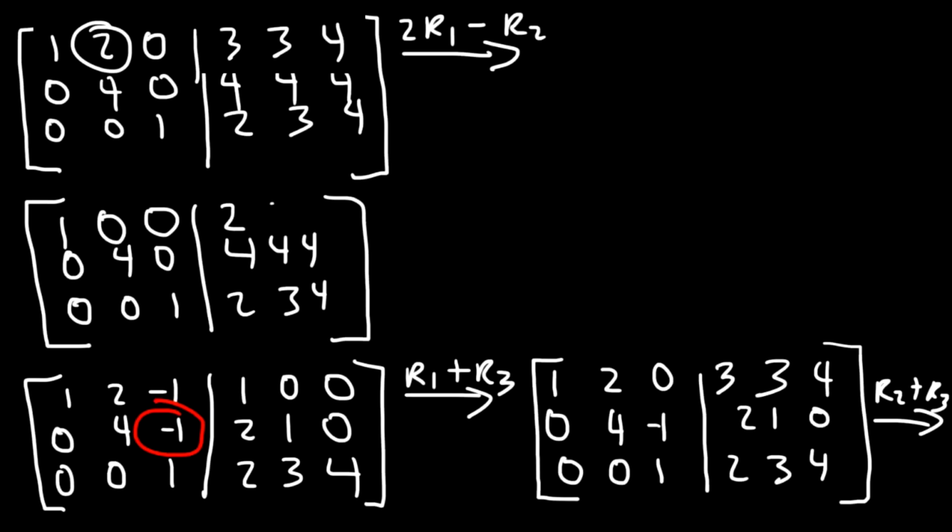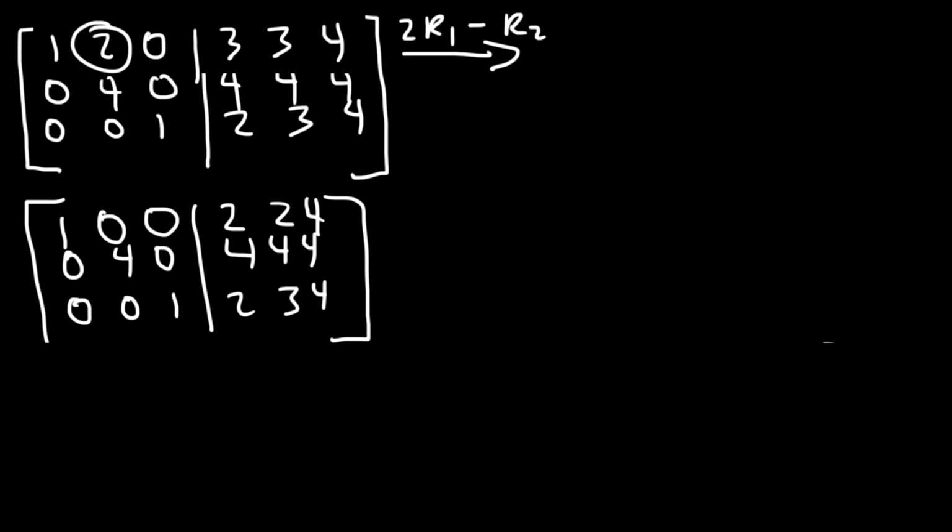The next one's going to be the same. 2 times 4 is 8, minus 4 is 4. And one thing I do need to fix, 2 times 1 minus 0, that's supposed to be 2. I have a 1 here, so let's fix that.